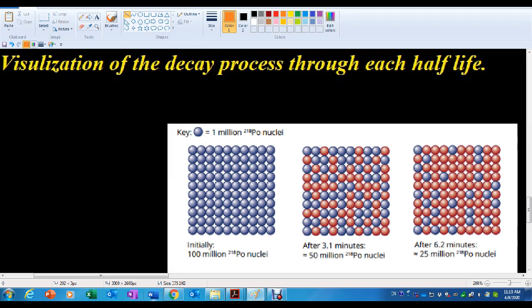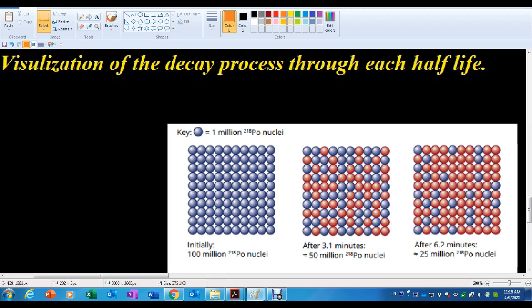Okay, so let's see what's the meaning of these circles. Each circle represents 1 million of PO218 nuclei. And what's the difference between the colors? There are some blue nuclei and some red nuclei.